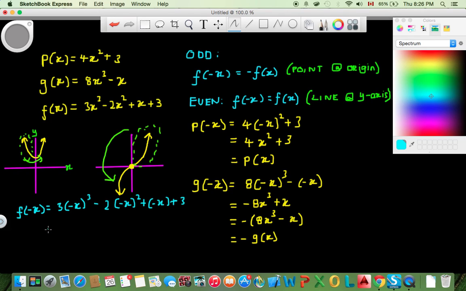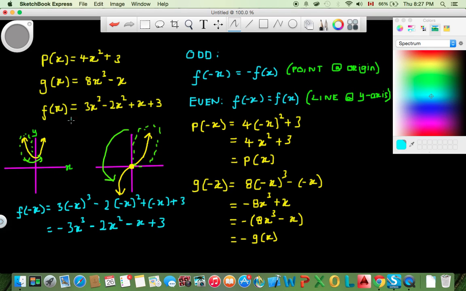And if we simplify it further, we're going to get negative 3x cubed minus 2x squared minus x plus 3. Now at this point, you know that it's not an even function because when we substituted in a negative x, the result of the simplification does not yield our original function.